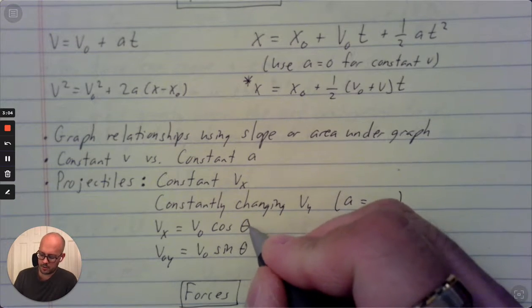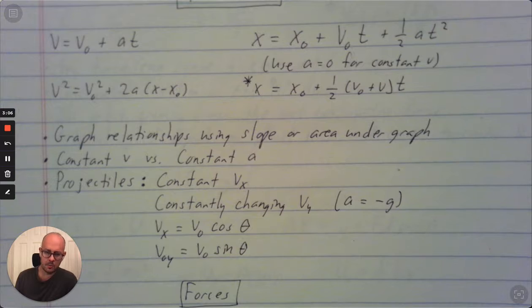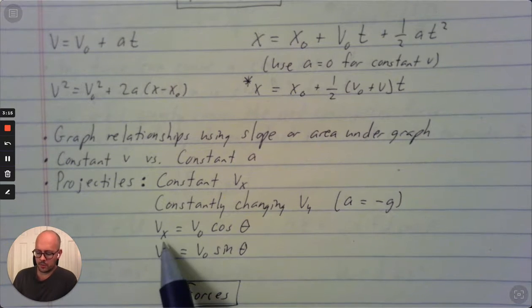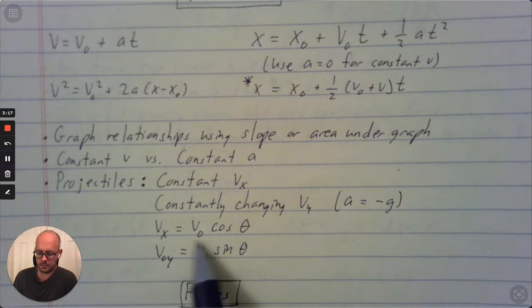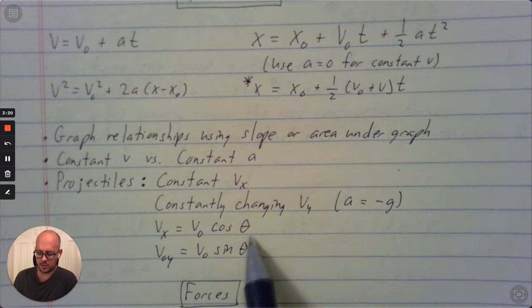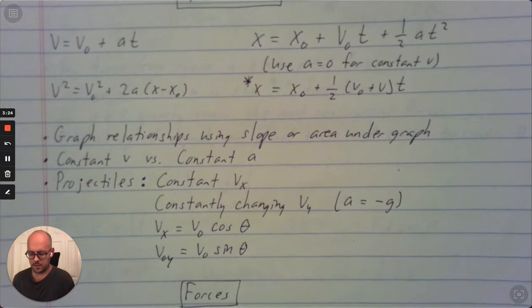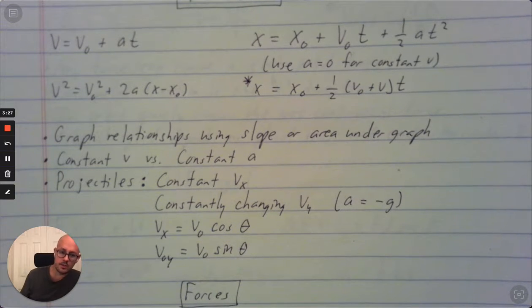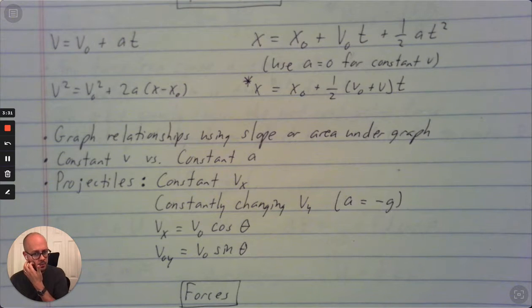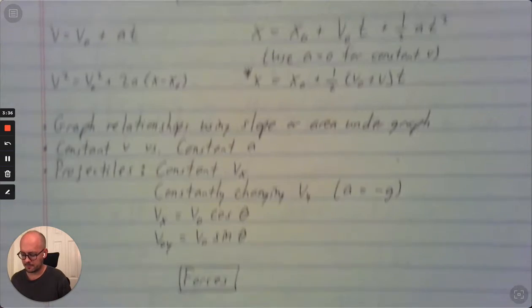As far as the math goes, you probably won't be asked to solve a typical projectile problem, like where does it land. You might, but you're not going to have to calculate a number. You will have to know that the initial horizontal component of the velocity is v naught cosine theta, and the initial vertical component is v naught sine theta. There are a bunch of other things to investigate in the unit, but the AP Physics 1 exam tends to stick to the broad strokes for kinematics.